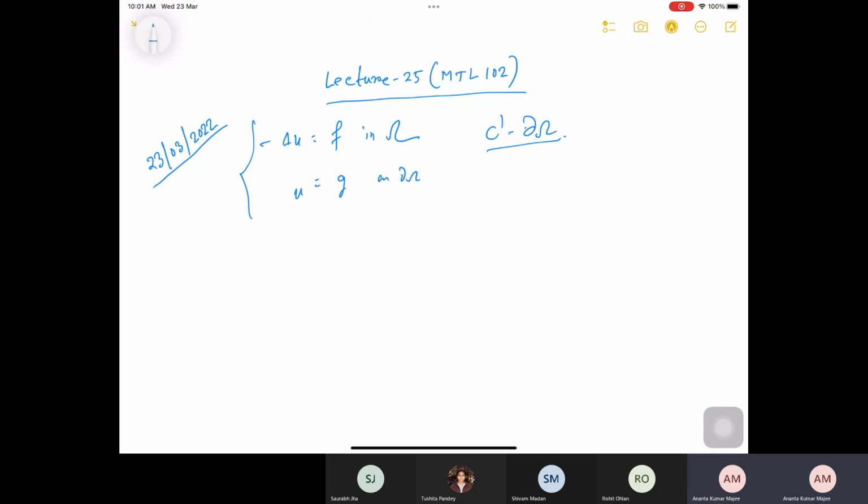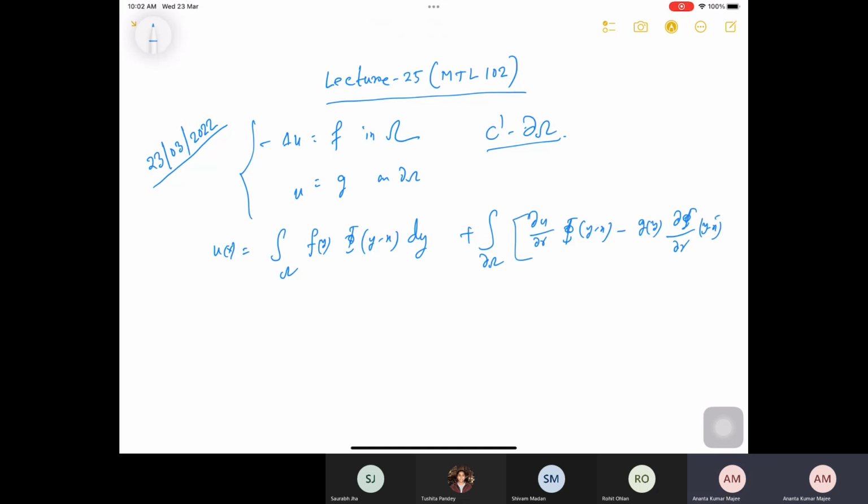And then what we got from there is that u of x is the integral over omega of f of y phi of y minus x dy, plus the integral over the boundary of omega of the normal derivative of u times phi of y minus x, minus g of y times the normal derivative of phi of y minus x, d sigma y. This is the surface measure.